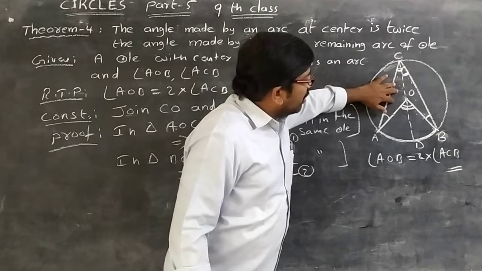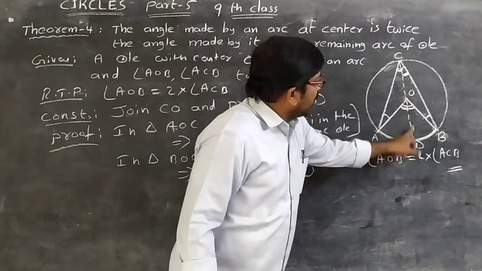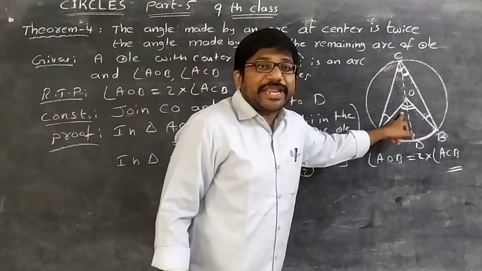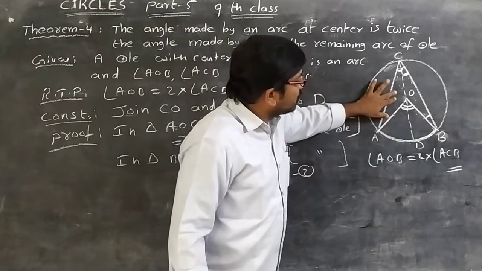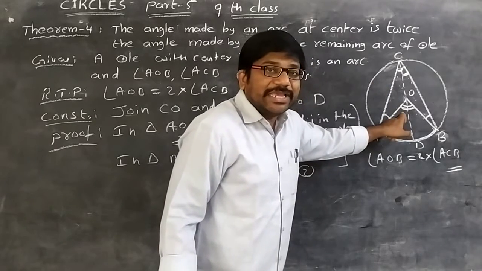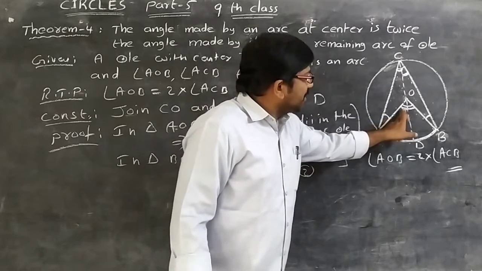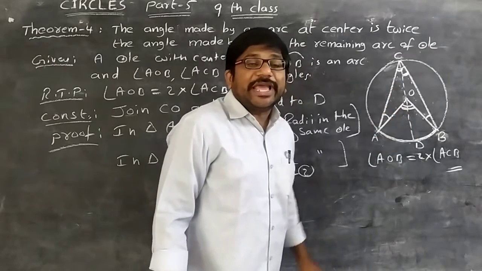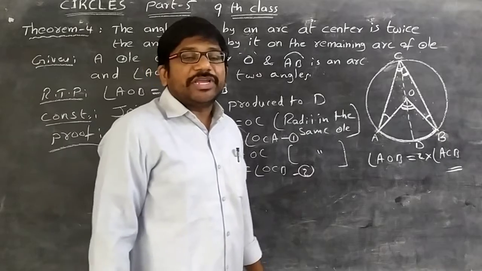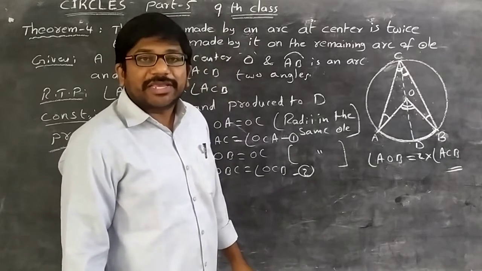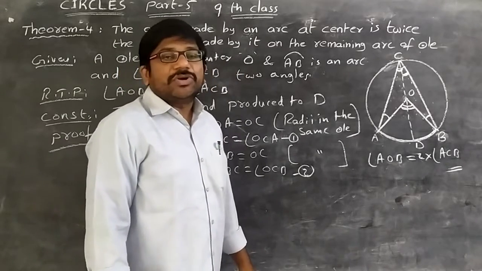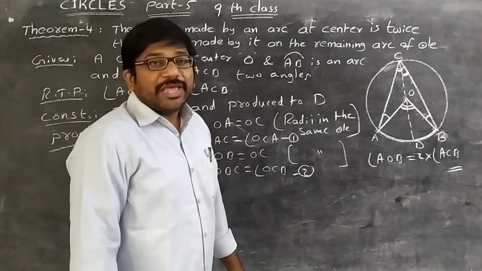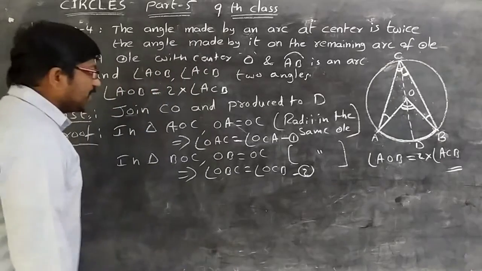For this triangle, angle AOD is an exterior angle, right? We know very well that the exterior angle is equal to the sum of the opposite interior angles in any triangle, according to the properties of a triangle.